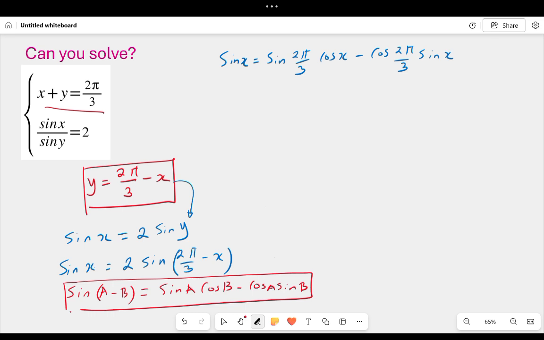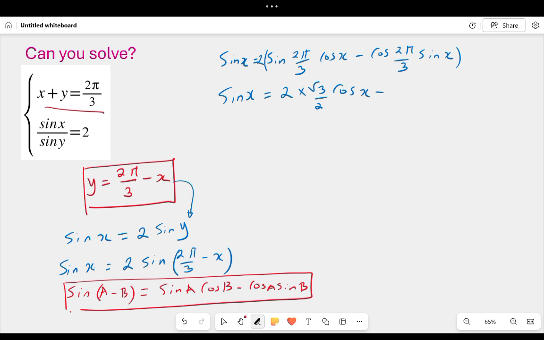And all this is actually multiplied by 2. Everything that we have here, we have a 2 here. Then sine x will be equal to 2 sine pi over 3, which is 2 times the square root of 3 over 2 cosine x, minus cosine 2 pi over 3.